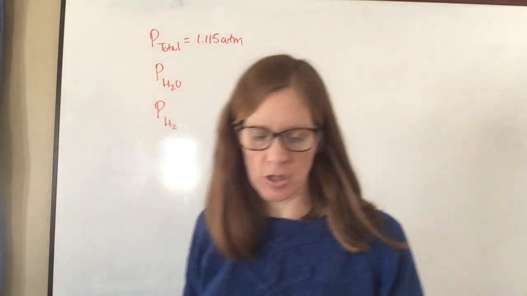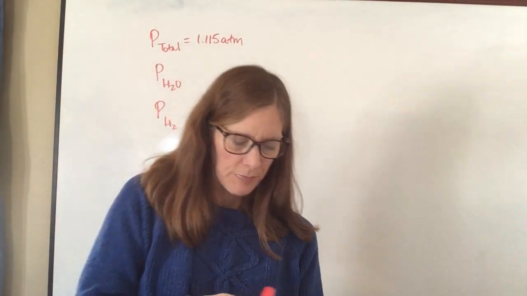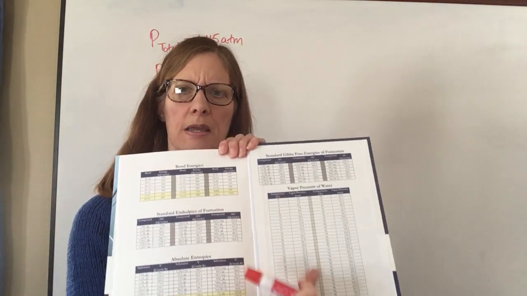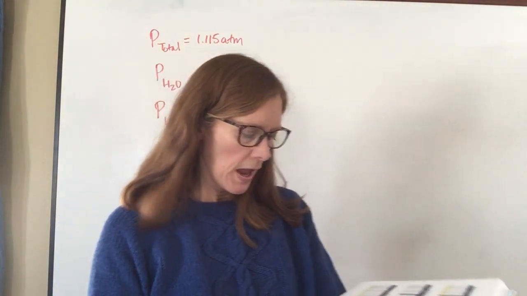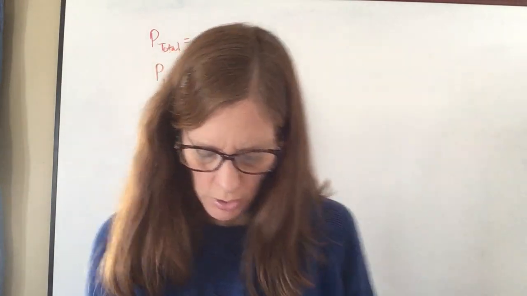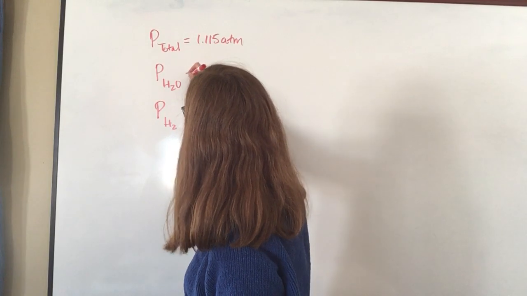They also told me the temperature was 26 degrees Celsius. If you look on the back cover of your book, there is a chart that gives the vapor pressure of water at various temperatures, and at 26 degrees the pressure of the water is 25.2 torr.